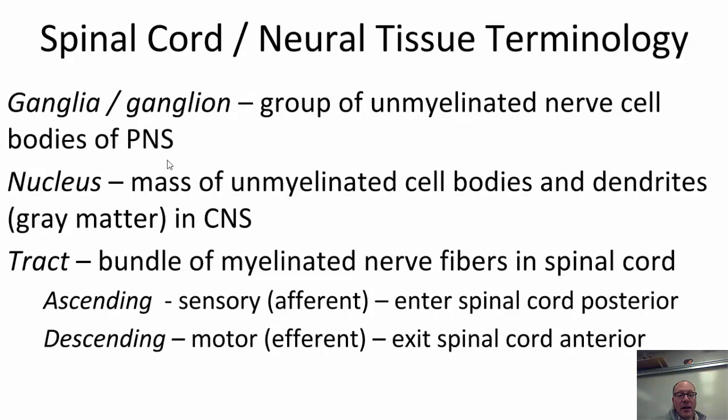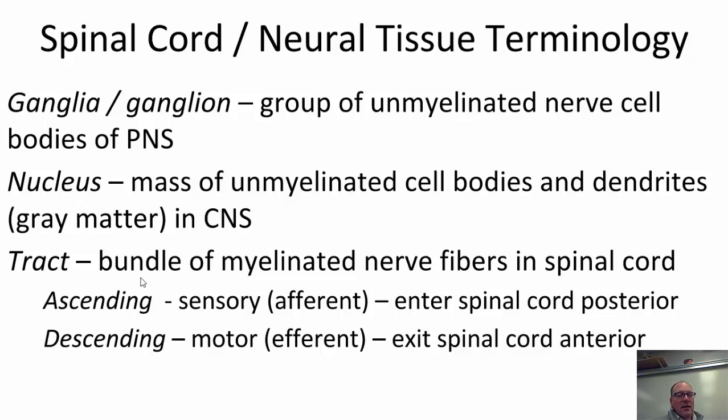So ganglion, that's a term, of course, that's a collection of cell bodies. In the brain and in the spinal cord, though, if you have a collection of cell bodies, it's referred to as a nucleus. We'll talk more about nucleus centers in the brain in the next chapter. A tract, of course, is a bundle of neurons, right?